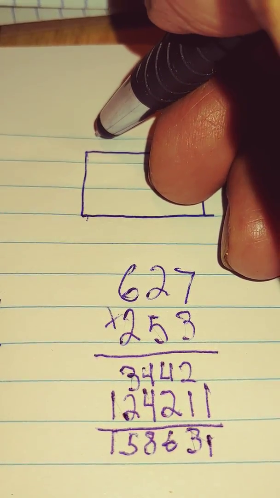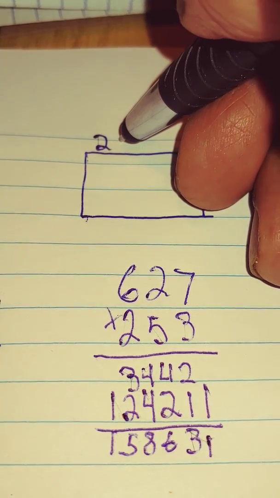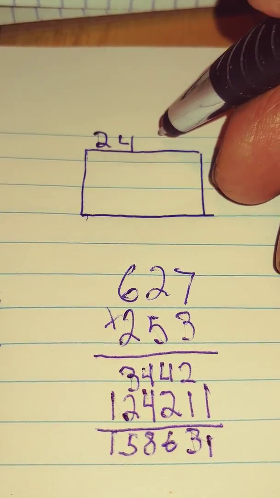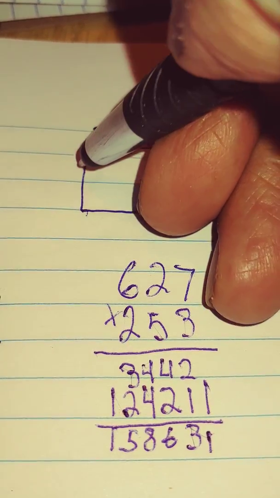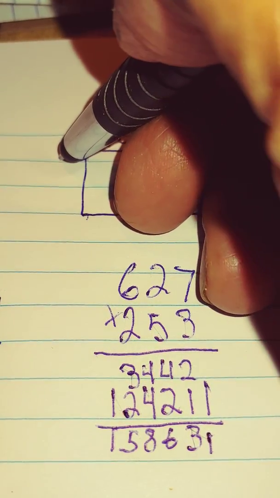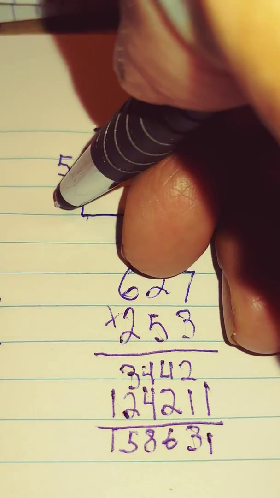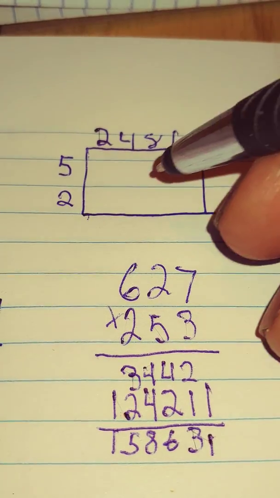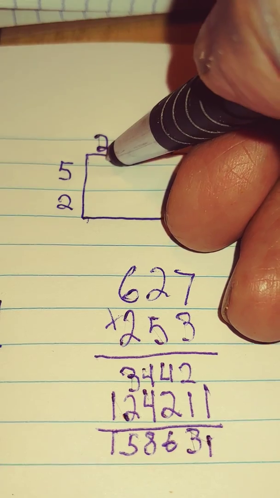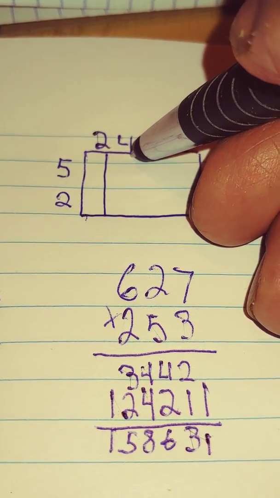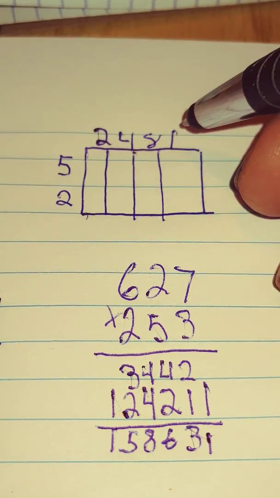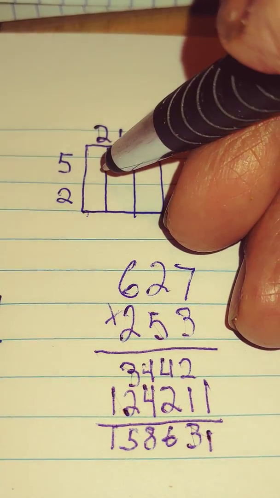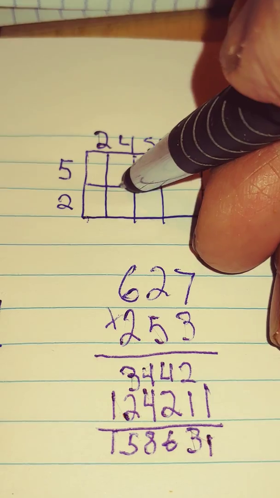Let's say 2, 4, 8, 1 times 52. In this case here, I got to come down 1, 2, 3. So I have 4 spaces, and then I only need 2 here.